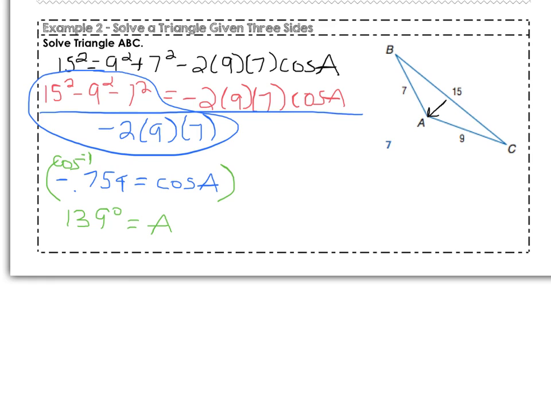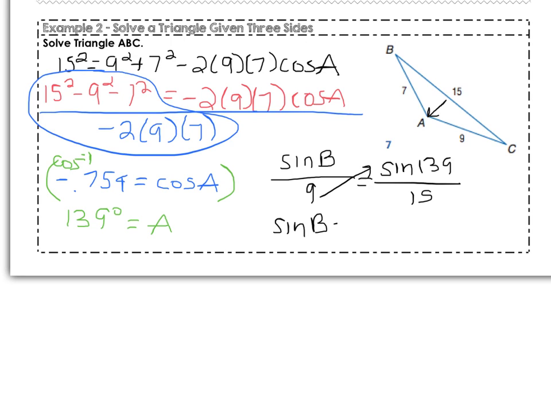Now our first angle is solved for, so we can move on to our next one. Let's start solving for angle B. Once again, I can move into using the law of sines because it's a little bit more efficient. And remember, sine of the angle over its side length. And now I have a firm relationship with A. So I'm just going to multiply both sides by 9, so the sine of angle B is equal to 9 times the sine of 139 all over 15.